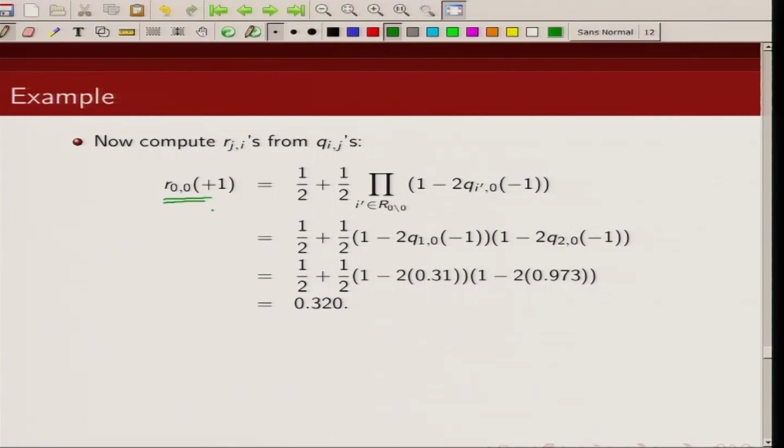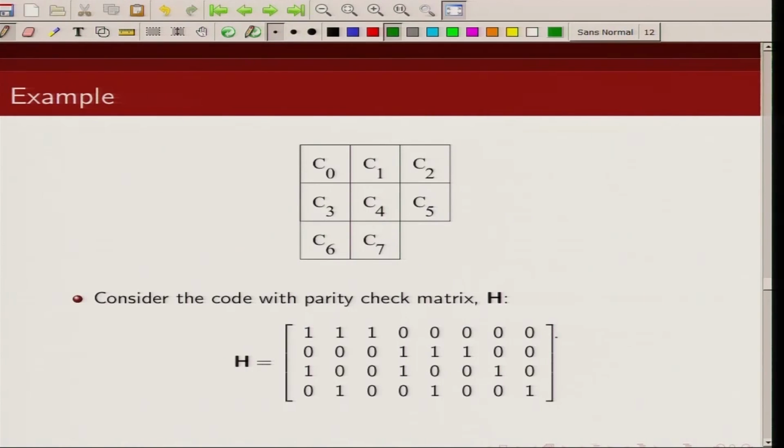So let's look at the H matrix for the first row. So this is R0. R0 is 0, 1 and 2. So given that this bit is 0, what we want to find out is the probability that the sum of these two adds up to even parity, and that's what we are doing here.